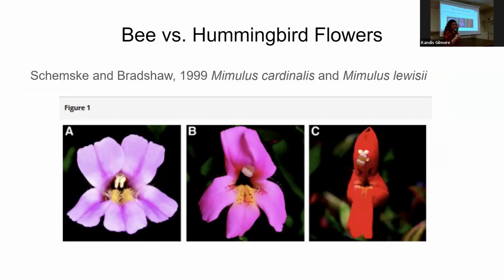About 95% of the time bees came to the open one, and about 96% of the time hummingbirds went to the tubular one. They created a hybrid of the two, put it out and watched what animals came to it, and it became about 50-50.